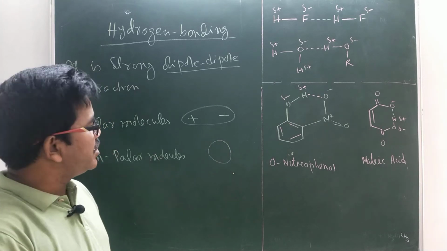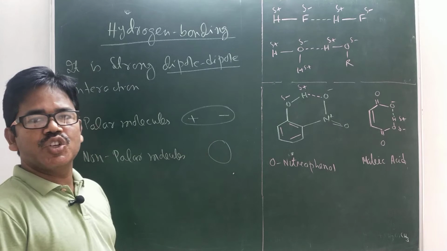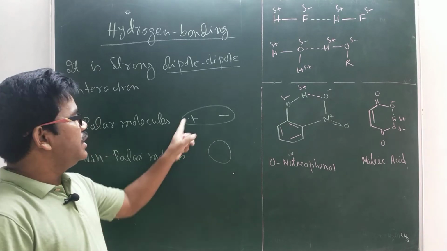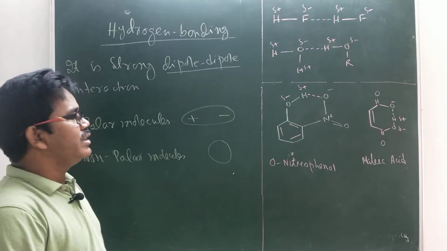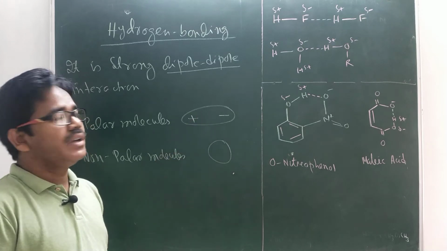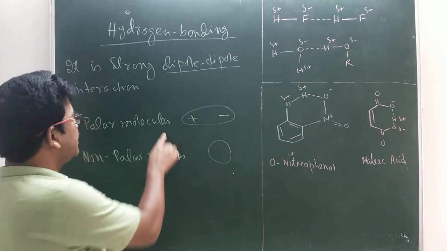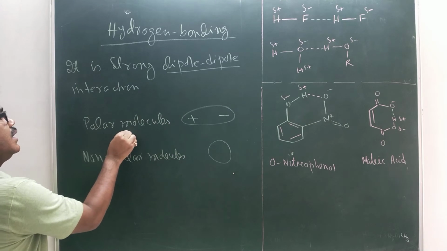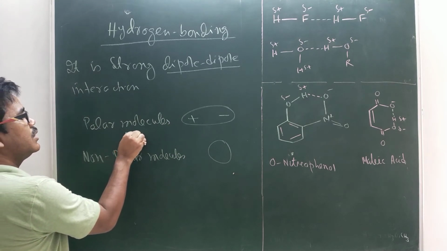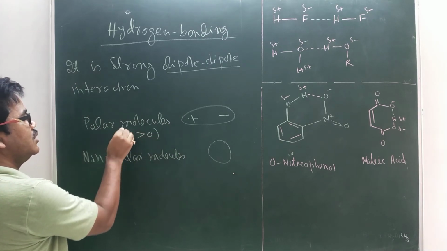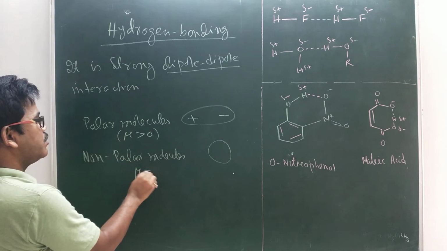Non-polar molecules have a symmetrical distribution of the electron clouds. But here it is an unsymmetrical distribution of electron clouds. One side electron cloud is more than the other side. In this case we say the net dipole moment is greater than 0, polar molecule. But in this case the net dipole moment is equal to 0.